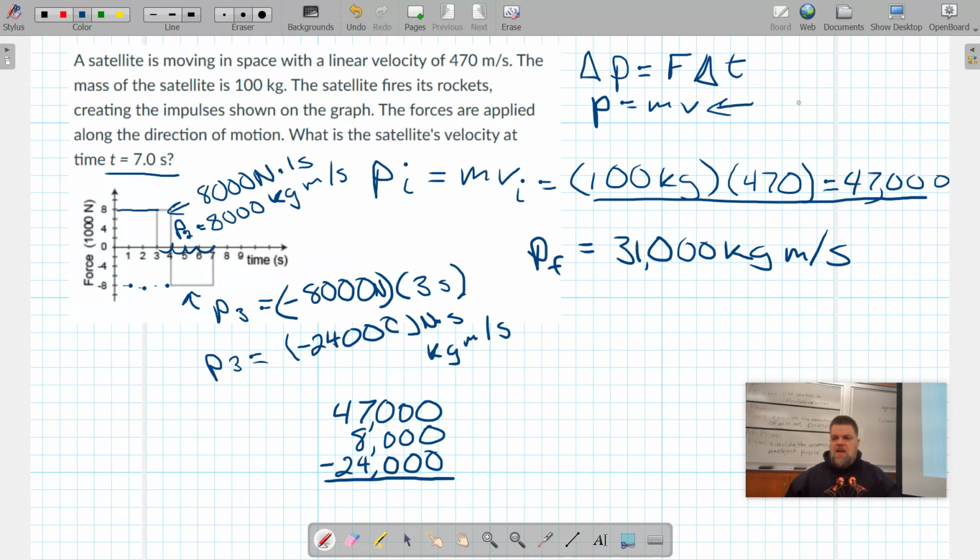So remember, if I do a little algebra, isn't the momentum divided by the mass equal to the velocity? So if I want to know the final velocity, I take the final momentum, which is 31,000, and I divide that by the mass of the rocket, which is 400.